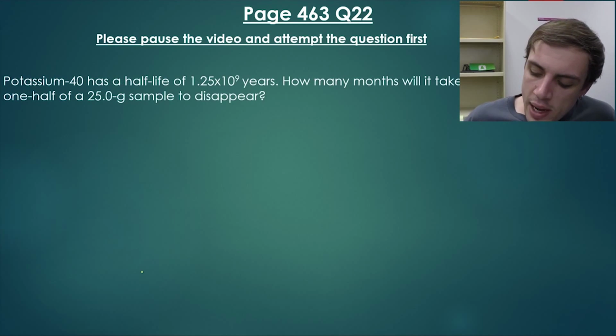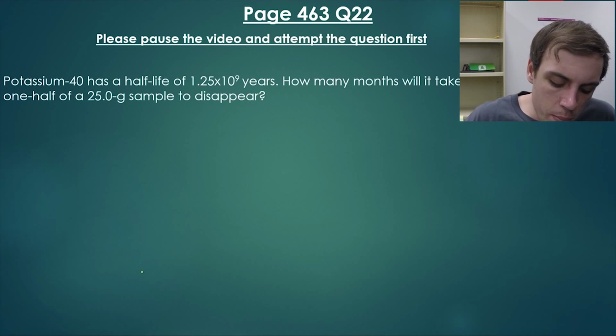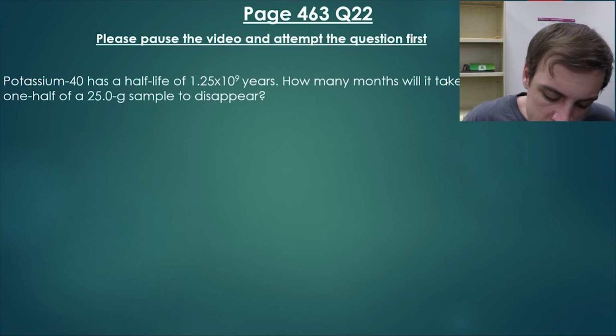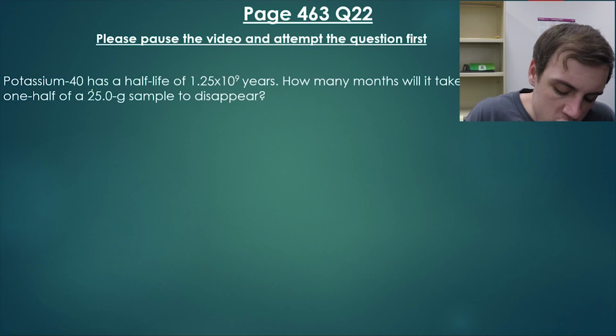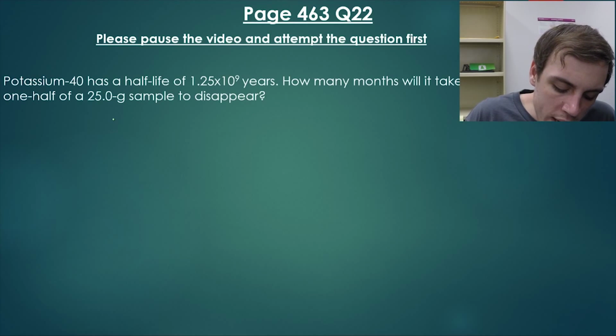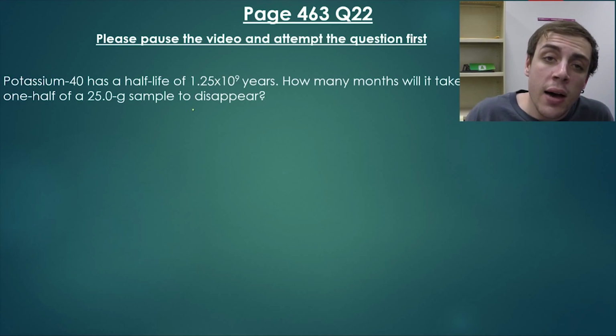Okay, so let us look now at question 22. Potassium 40 has a half-life of 1.25 times 10 to the 9 years, so a long time. How many months would it take for 1/2 of a 25-gram sample to disappear? So we know it has a half-life of 1.25 times 10 to the 9 years, and that is 1 half-life.